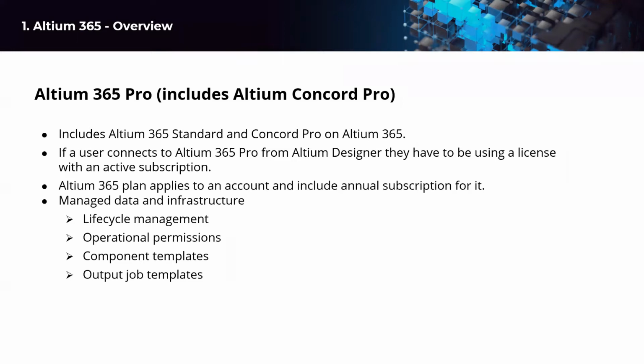The benefits of Altium 365 Pro are that you can maintain life cycle management and operational permissions, meaning you can give permissions by user or role to your customers or users. You also have component templates and OutJob templates. All these new features we have in Altium 365 Pro.